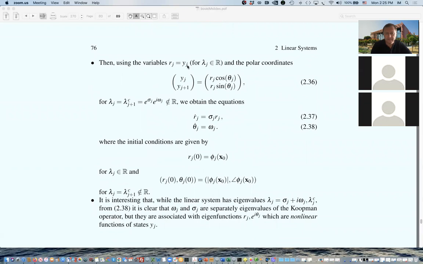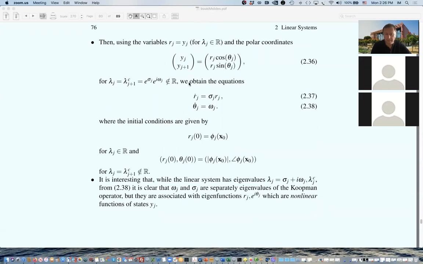Then you obtain this transformation: yj is rj cosine theta j, and yj plus 1 is rj sine theta j. So our polar coordinates are rj and theta j. Notice immediately that that's a nonlinear transformation. And let's write our lambda j as e to the sigma j times e to the i omega j.